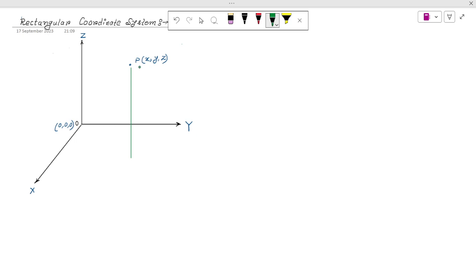So here it will be the image of this point P, and you can consider this is P dash, and it will be the same as x, y, and z. You can say, or as the image you can write x dash, y dash, z dash. It is not so much required.